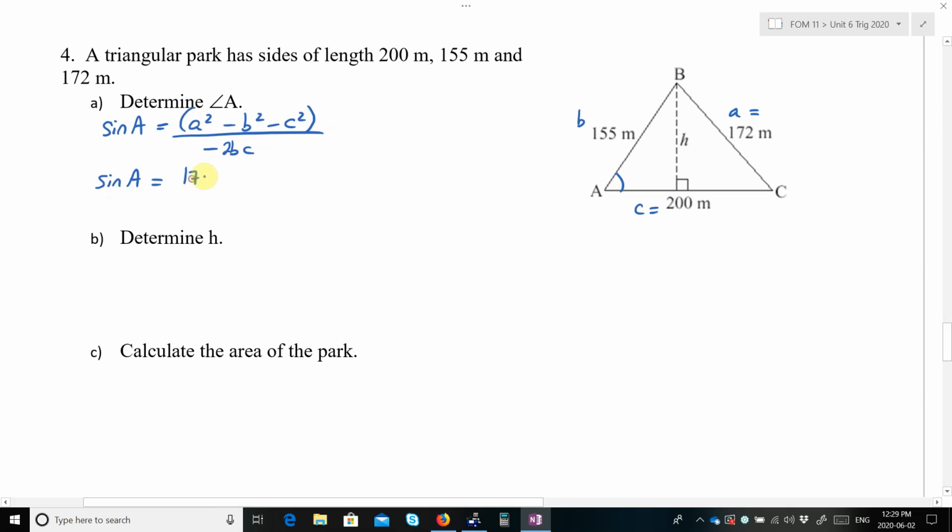So that's 172 squared minus 155 squared minus 200 squared, and on the bottom we have negative 2 times 155 times 200.